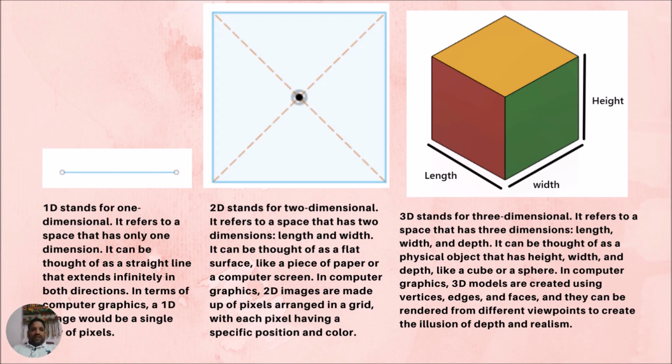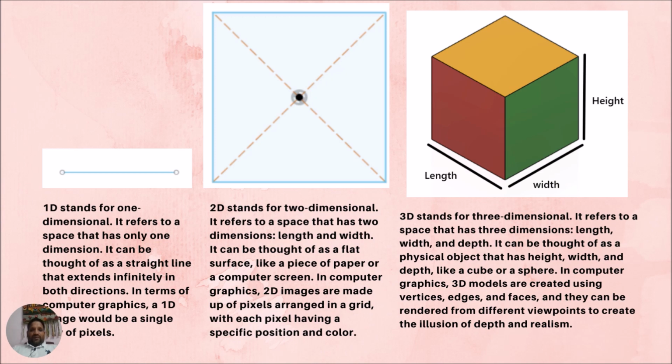Followed by that, we have two-dimensional. What is two-dimensional? It will have length as well as width. Then we call this two-dimensional.